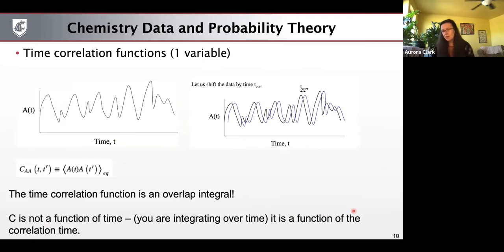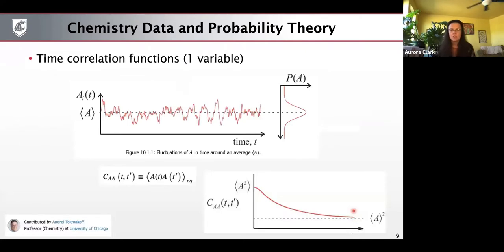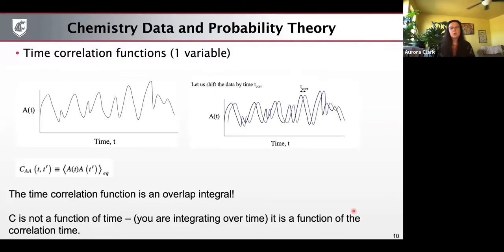A better way to think about this time correlation function, and I really love this illustration that came from Andrei Tokmakov at the University of Chicago, is that if we look at the behavior of this observable at time t and we shift it by a little bit, which is going to be the correlation time, then this correlation function is really an overlap integral, which resonates a lot with me and my background in quantum mechanics.